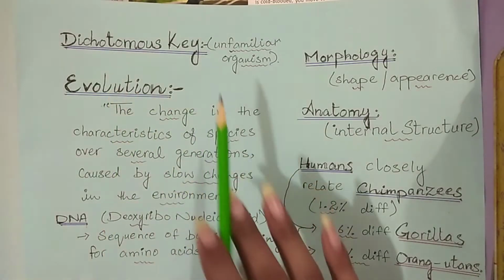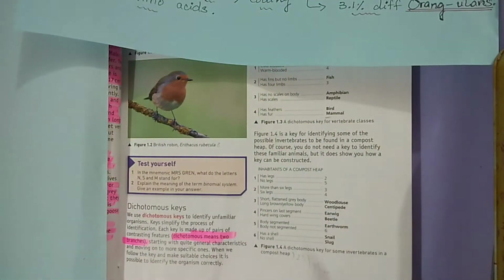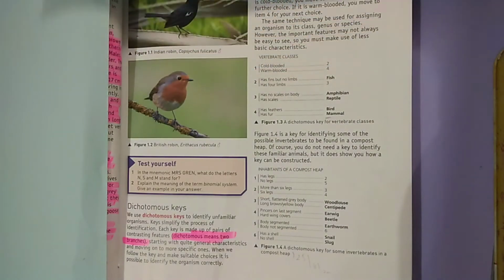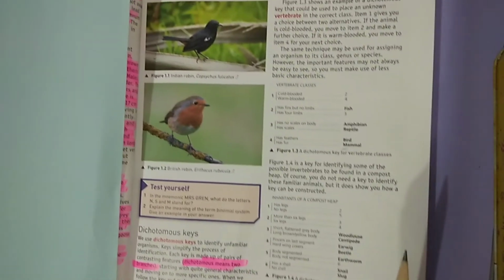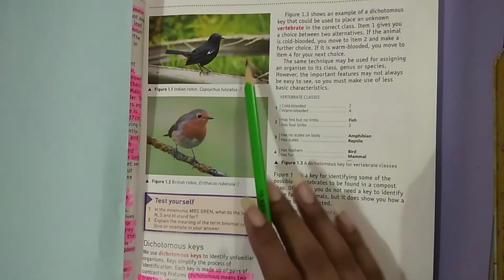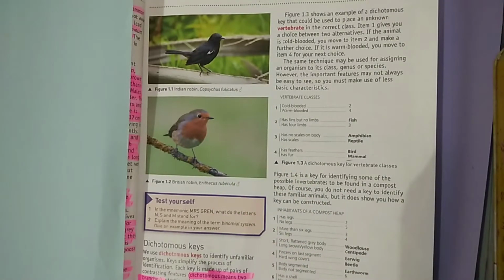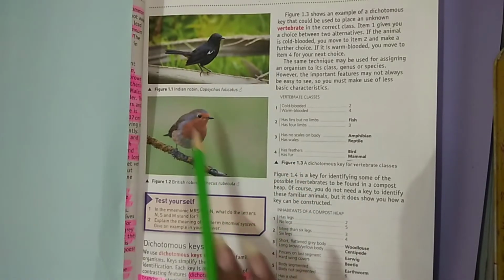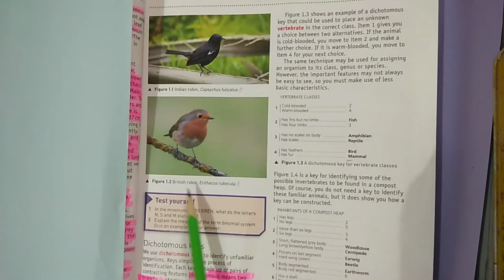The dichotomous key has to be understood first, that is, how organisms are classified according to their unfamiliar or familiar characteristics. Here we have two pictures of robins. These are two different species: the Indian robin and the British robin.